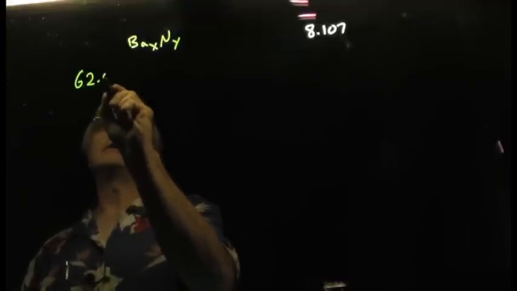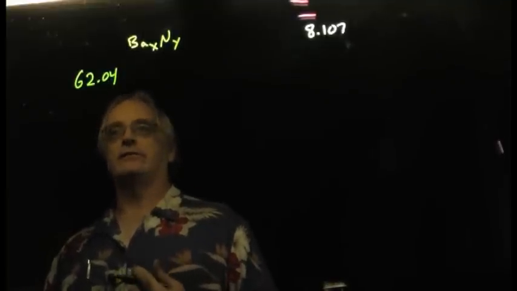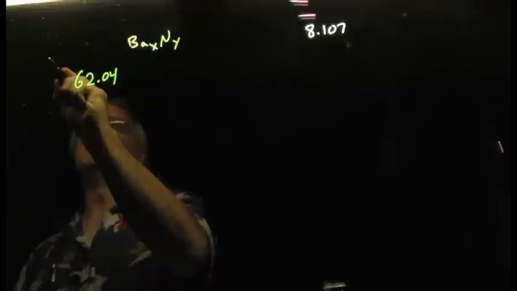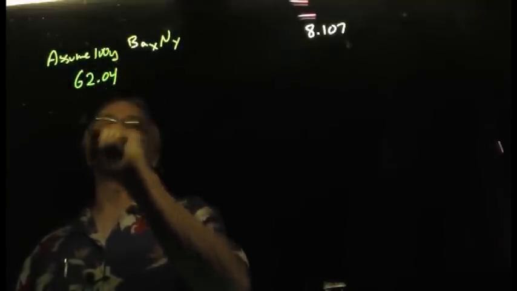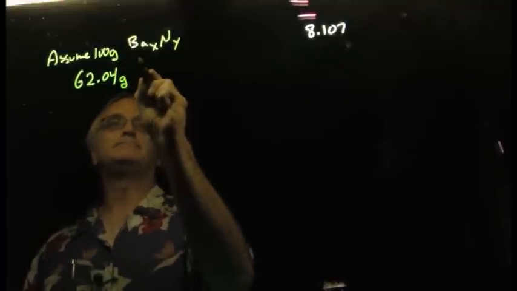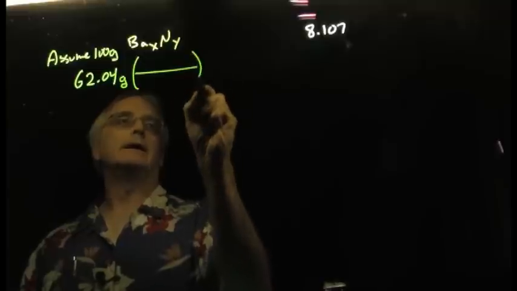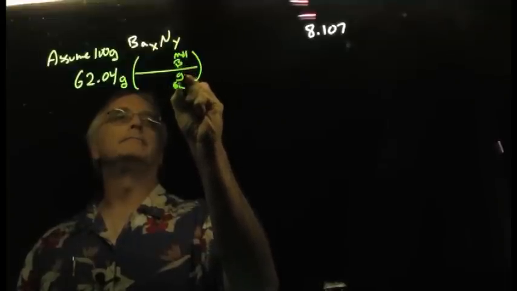And I am told that we have 62.04% barium by weight, which translates into, assume 100 grams of this stuff. That means I've got 62.04 grams of barium. And so I'm going to turn my grams of barium into moles of barium.